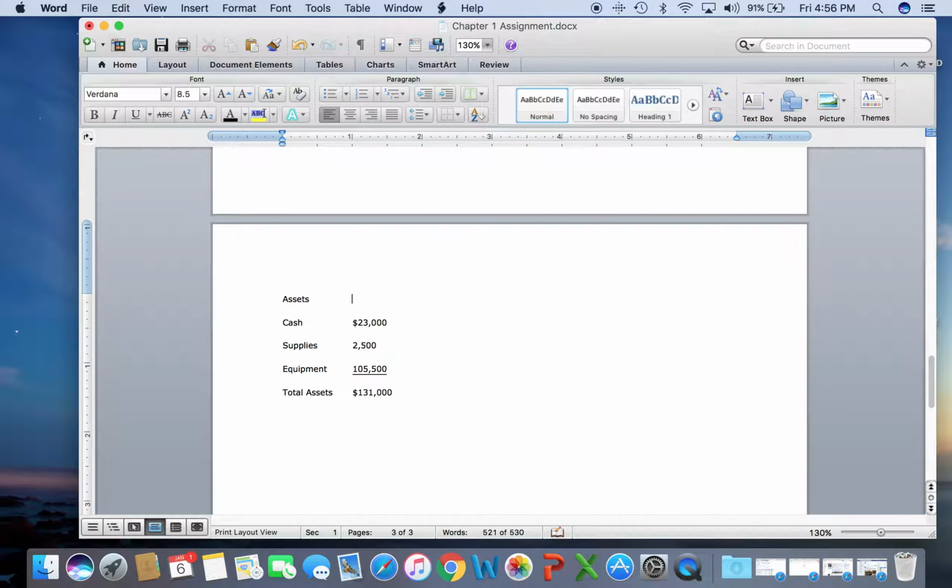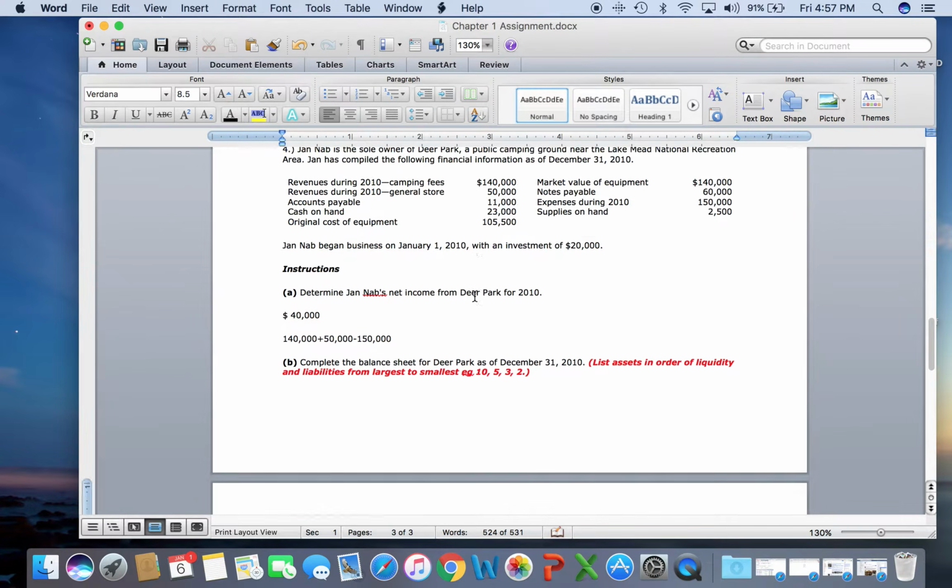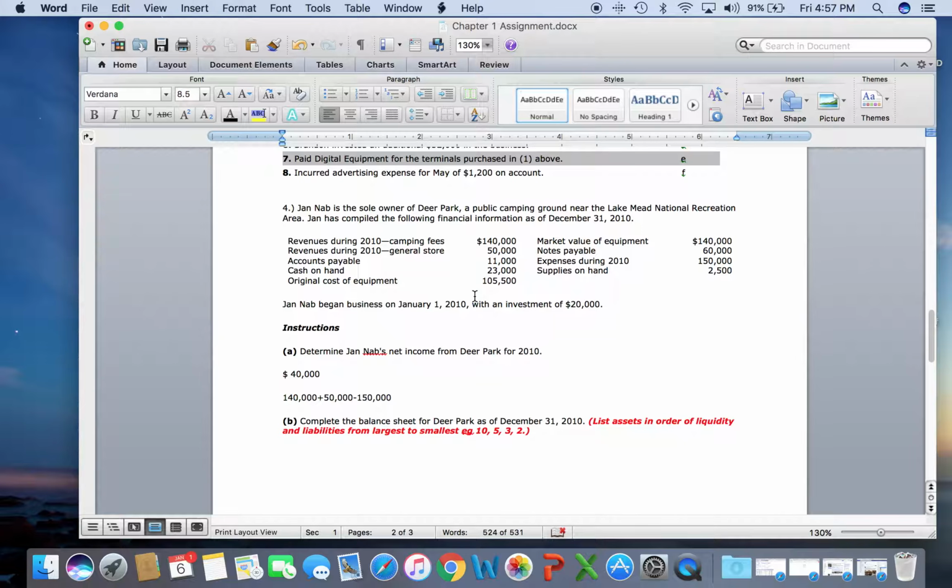Next part of the balance sheet after assets. Now it's time for liabilities. Okay. And we see here, liabilities are all the company's debts and obligations. And we have two actually. We have notes payable and accounts payable.